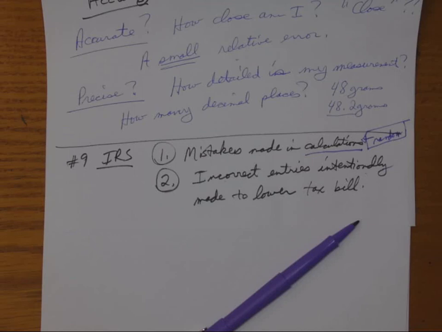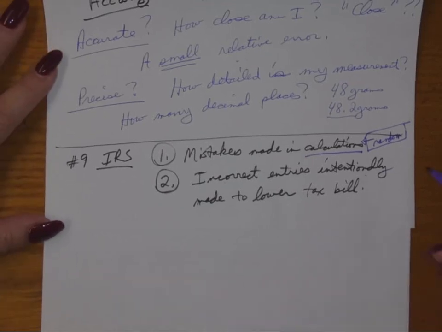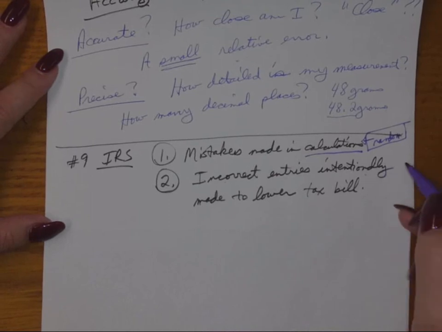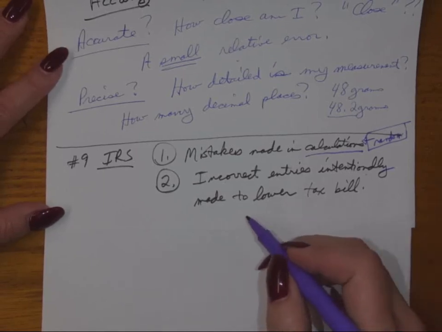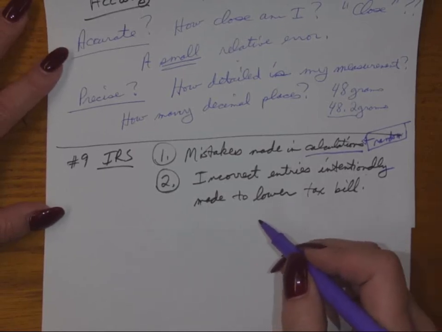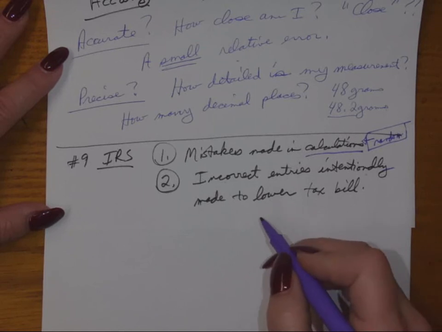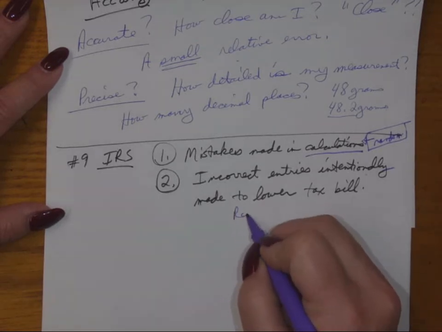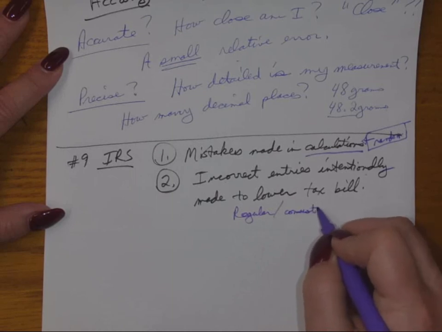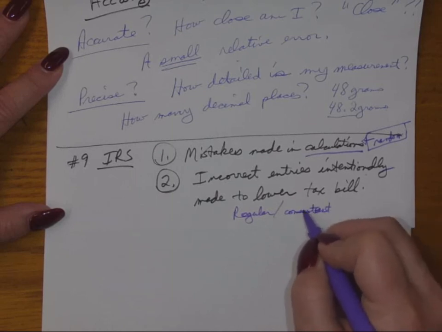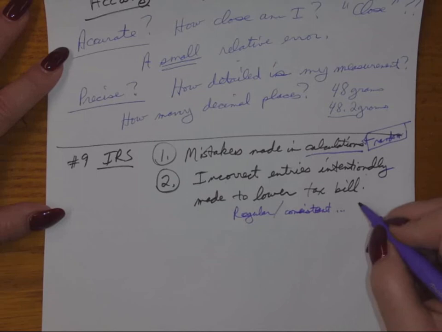It might not happen but once or twice on any one person's tax return, but it does happen systemically that people try to cheat on their taxes. And so even if it doesn't happen on every tax return, it's still something that pops up regularly. So this is regular or consistent. So this is systematic.